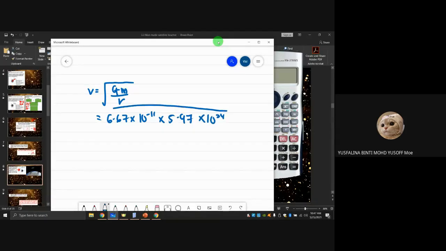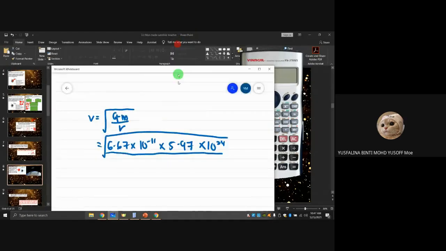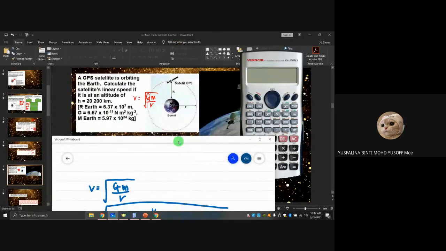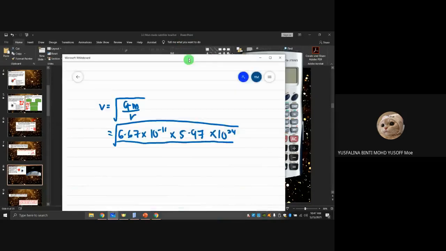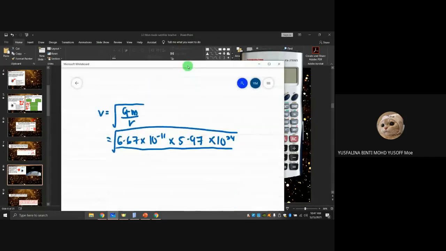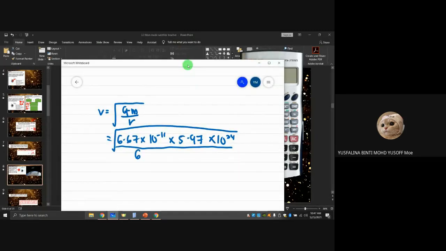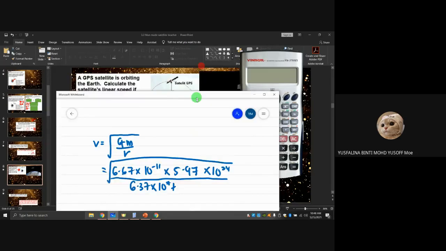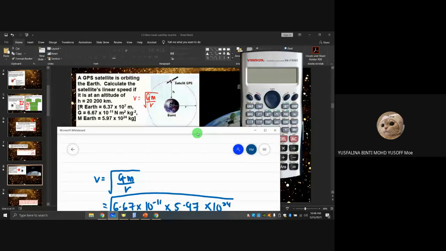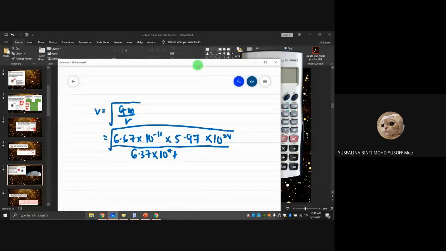Okay, and divide by the radius, which is 6.37 times 10 power of 7. Did you add the height? So the height is 20,200 times 10 power of 3.